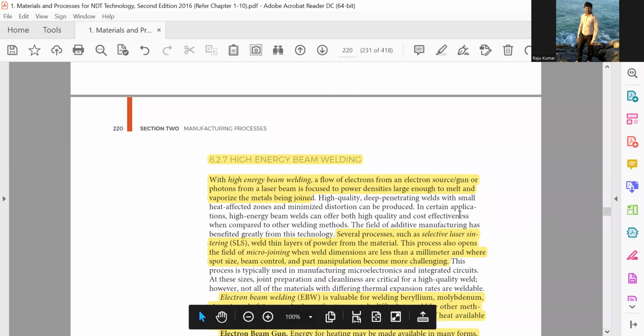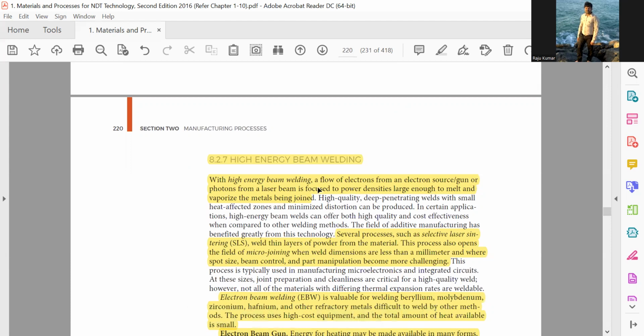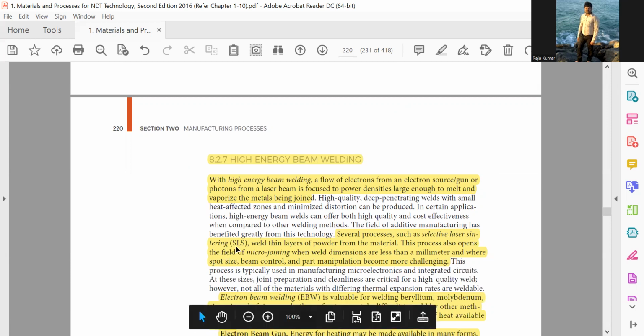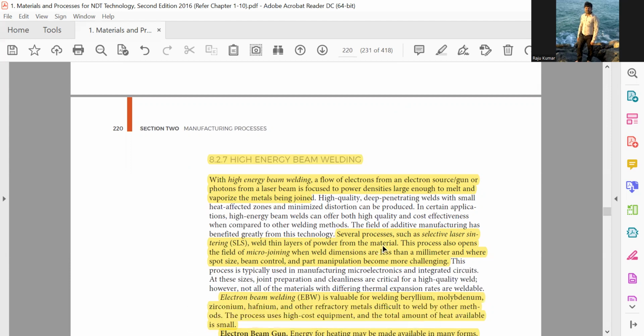High energy beam welding. With high energy beam welding, a flow of electrons from an electron source gun, or photons from a laser beam, is focused to a power density large enough to melt and vaporize the metal being joined. Several processes such as selective laser sintering, SLS, weld thin layers of powder from the material.